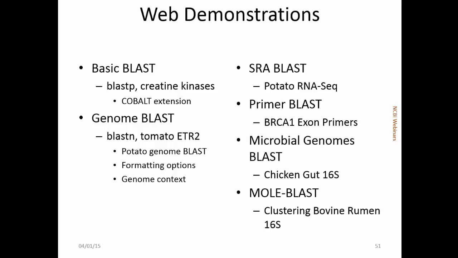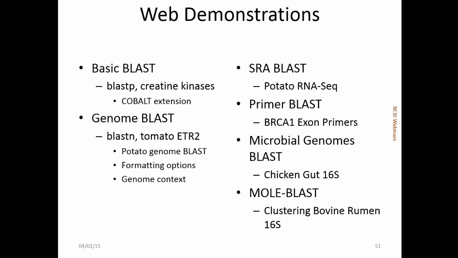Then we're going to use Primer-BLAST to design some specific primers for an exon of BRCA1. Then we're going to do a Microbial Genomes BLAST example, looking for the identification of something that we found in the chicken gut metagenome. And then finally, I'll show you MolBLAST quickly to show you how it works, and we'll take some sequences from the cow rumen metagenome to do that.